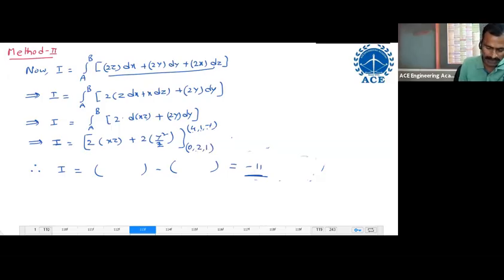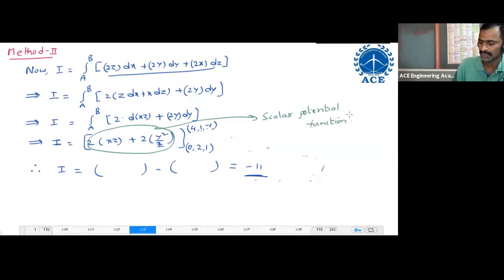And this function is called the scalar potential function. When you compare this method with the previous method, this method is simple. This simple method is possible when the function is irrotational.